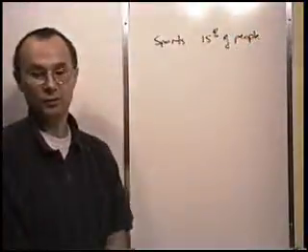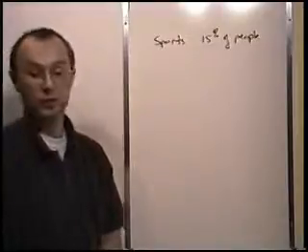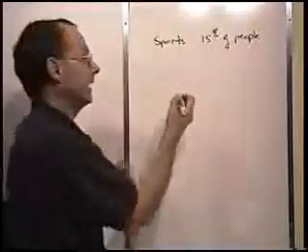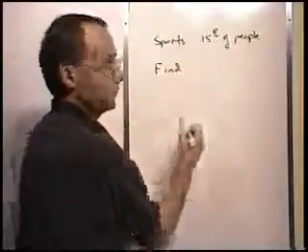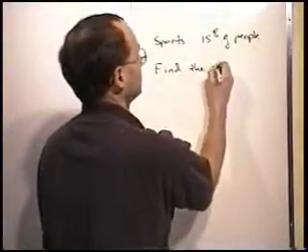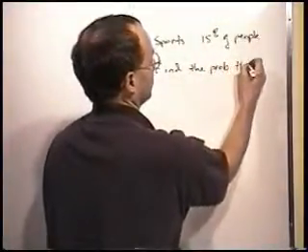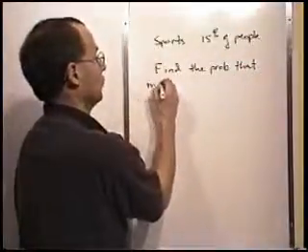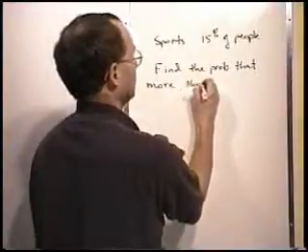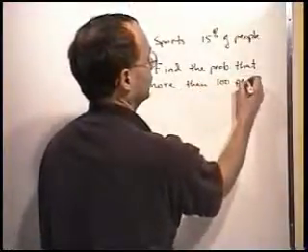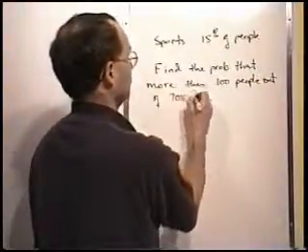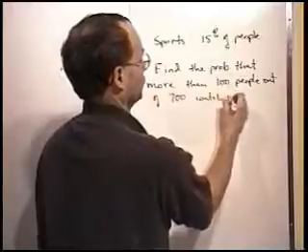Okay, and then we're going to say, well, suppose we do a survey of 700, and we're going to find the probability that more than 100 people out of 700 watch sports.